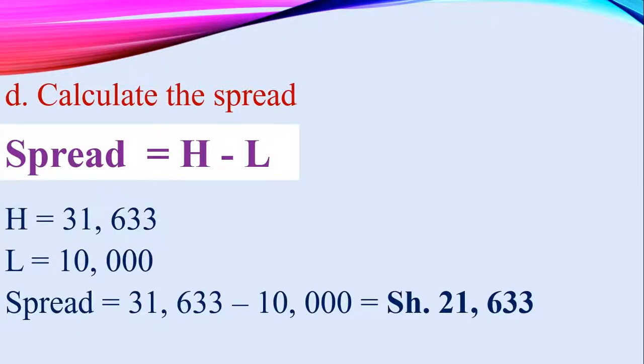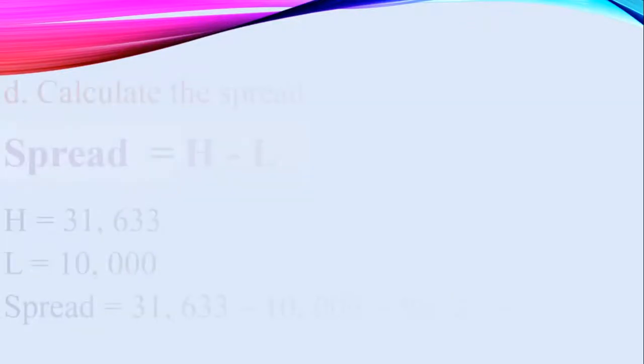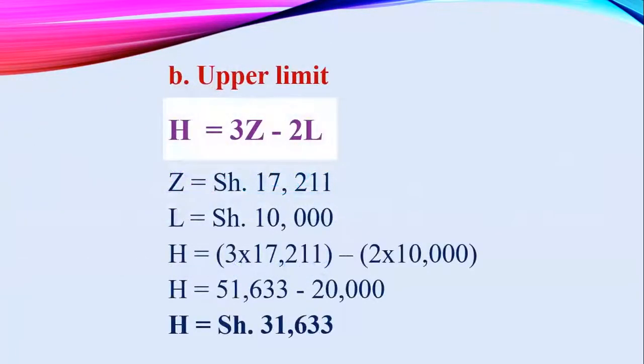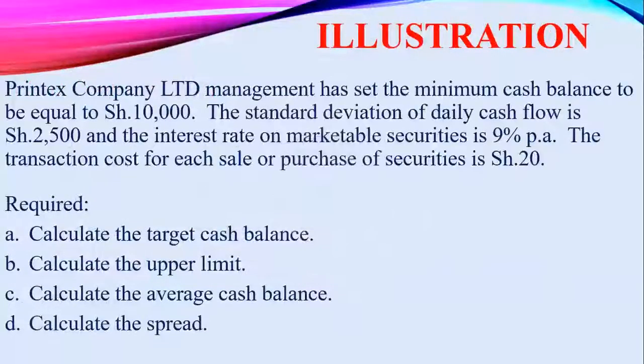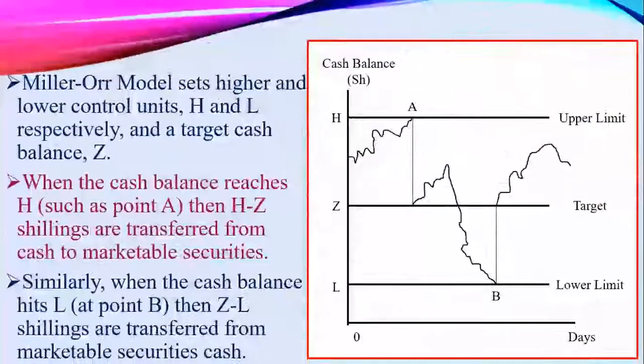Then to get the spread, let me just show you from the graph. The spread is basically this distance here, or simply the gap between the higher and the lower limit. How far is the maximum amount from the lower amount? That is what we are calling the spread.